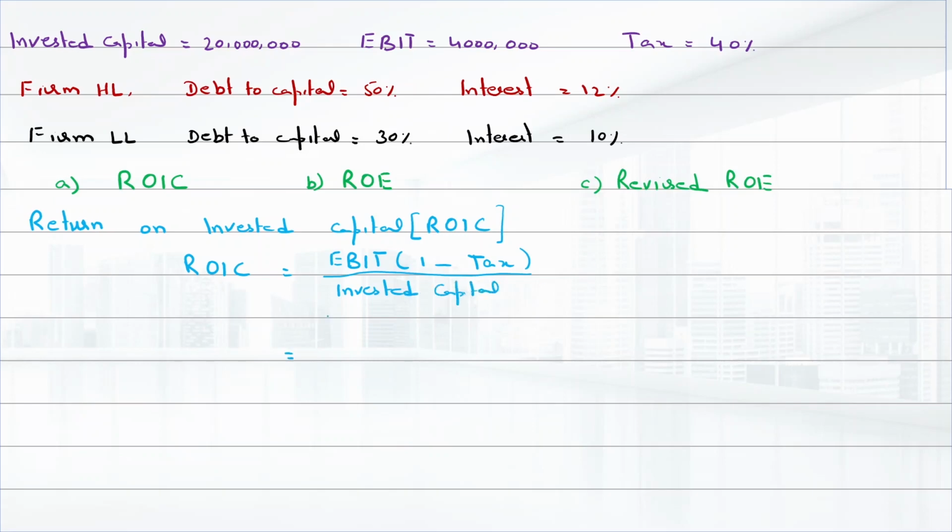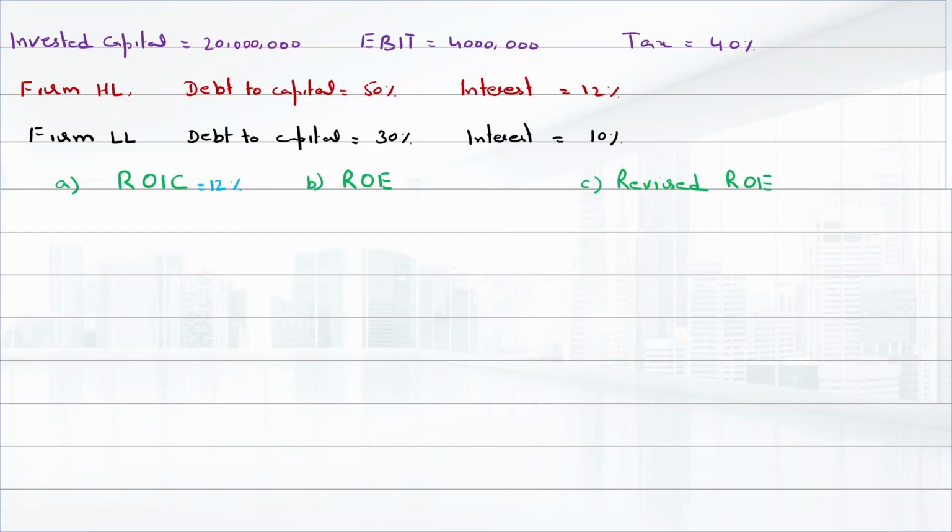So EBIT is 4 million into 1 minus tax rate of 40% divided by 20 million, that is 12%. As the invested capital, EBIT and tax rate are the same for both companies, the return on invested capital for both firms will be 12%. Now we will find return on equity.